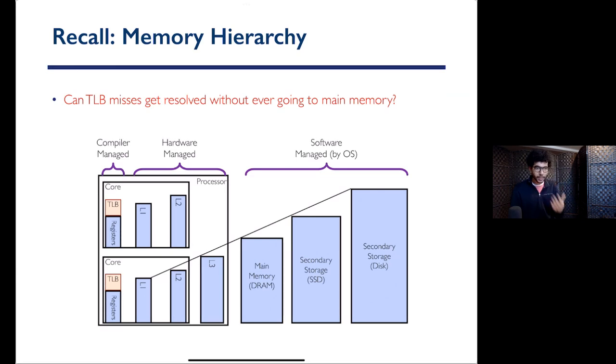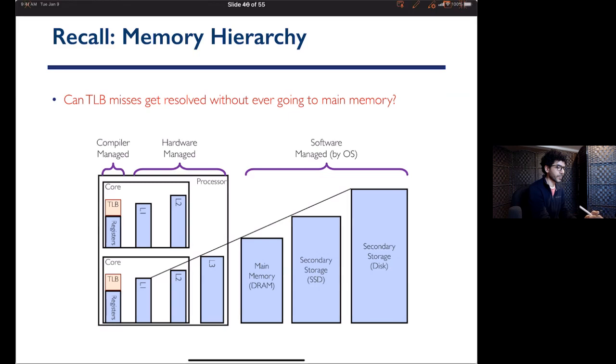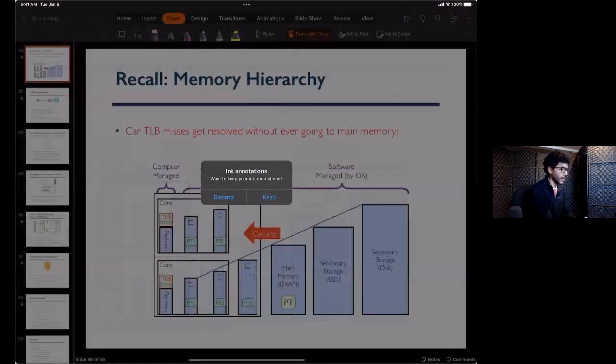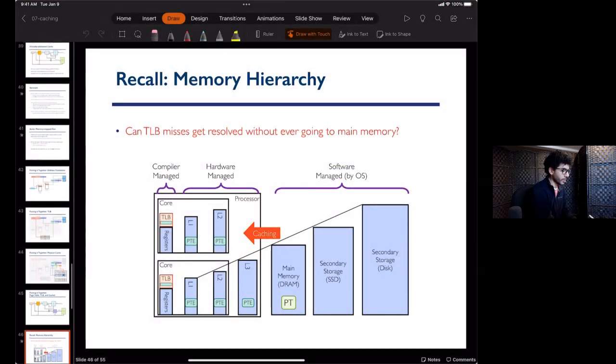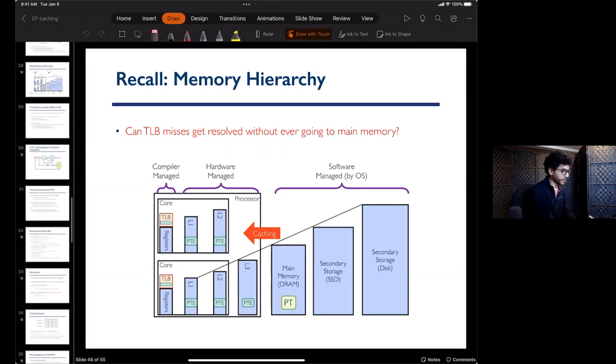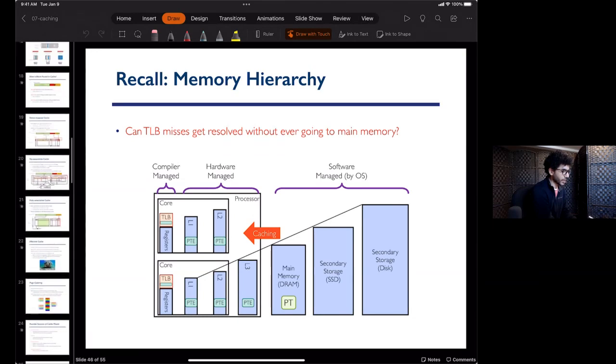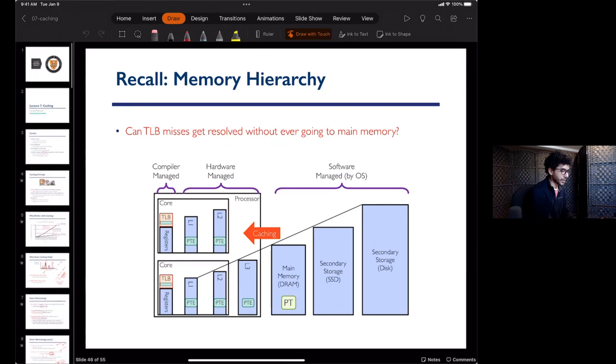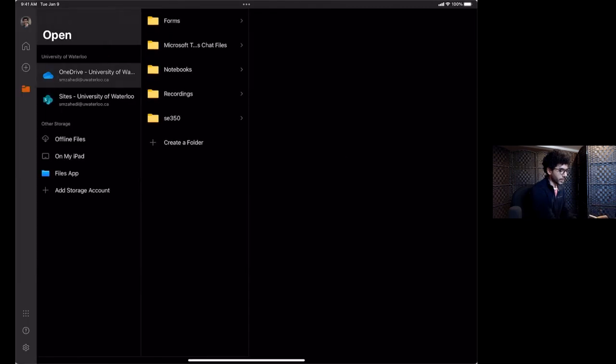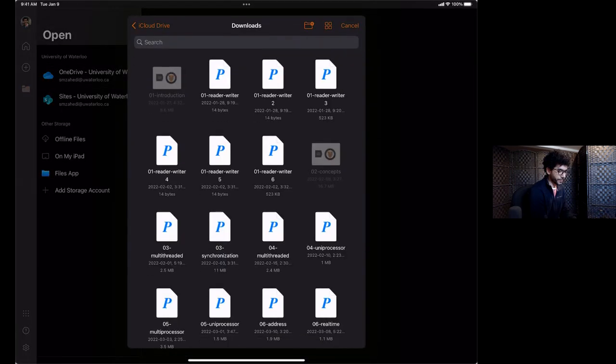But sometimes you could use your page table entry. So if you remember when we were looking at the page table entry, was it here, or I think it was in the previous slide. So this is a great question. That's why I'm spending some time.